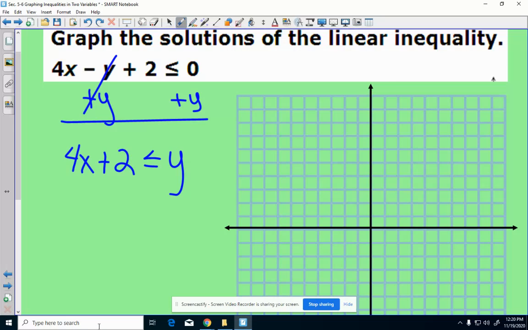That might be a little difficult because y is not written first. So if you just flip-flop it, switch the y and the 4x plus 2, your symbol turns into a greater than or equal to. That maybe is a little easier than all those other things.